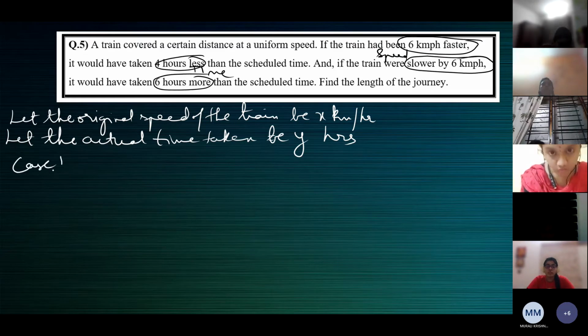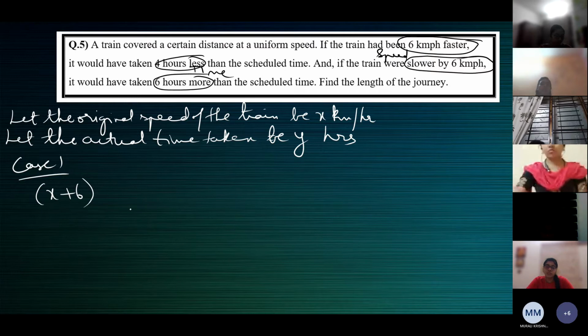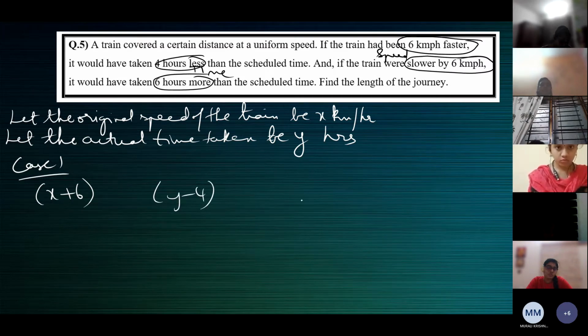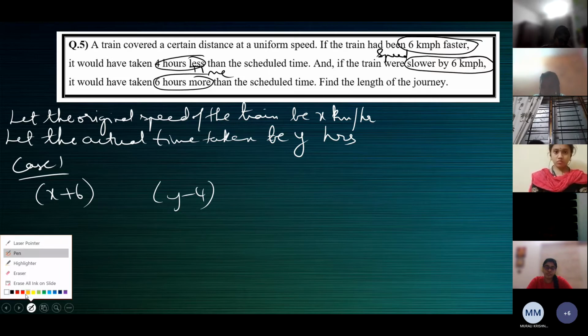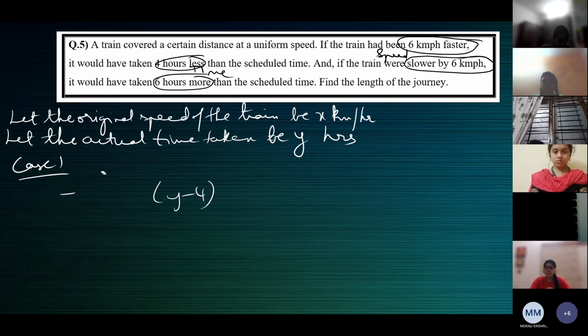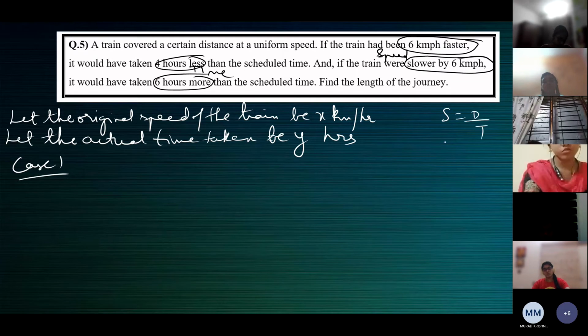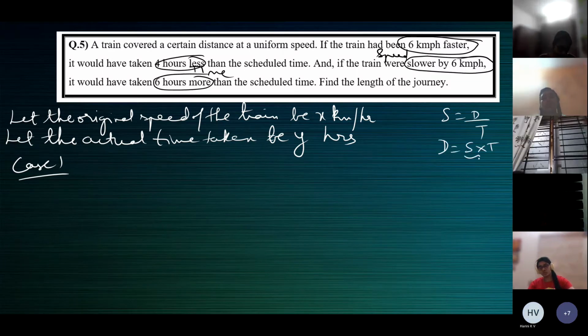Now case 1: if the train had been 6 km/h faster, x plus 6, it would have taken 4 hours less, y minus 4, to cover that distance. And we all know that speed is equal to distance by time, so distance is equal to speed into time. Speed into time is distance. Remember that.